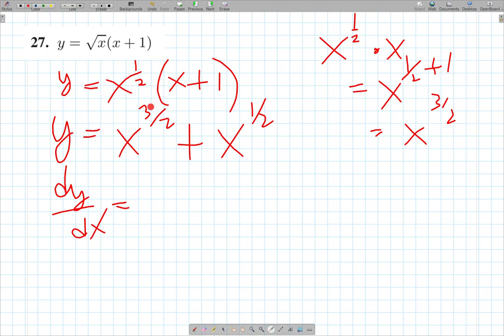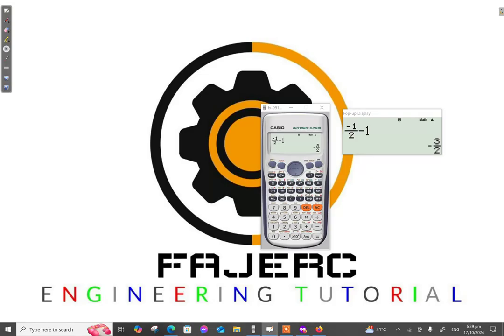That is 3 over 2 times 1 is 3 over 2, no? Yan, x, then 3 over 2 minus 1, how much? Using calculator, 3 over 2, and then minus 1, positive 1/2.